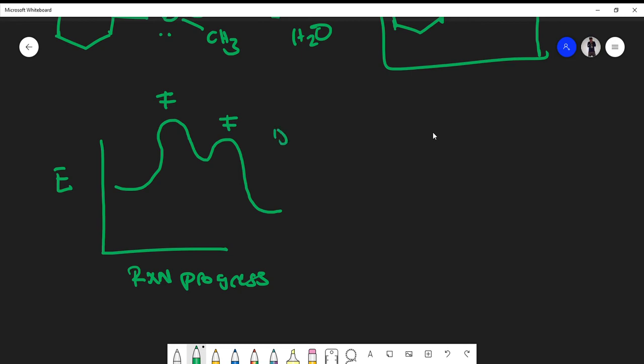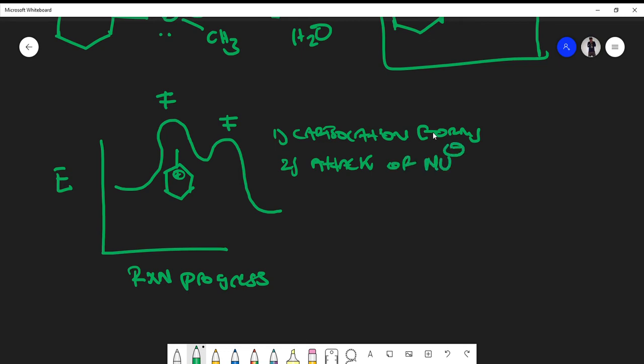The first step is the formation of the carbocation. Right? And if we look at the example above, this would be that first step. The second step is where we have the attack by the nucleophile, and this is the fast step. Formation of a carbocation, like we said before, is the slow step.